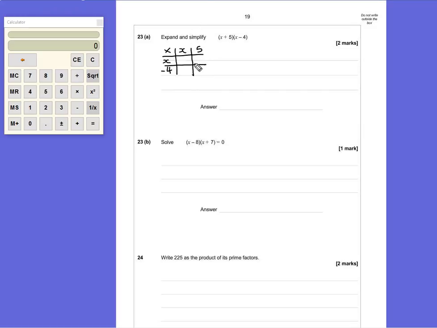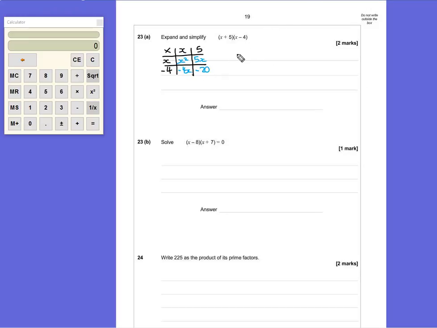Each box represents a multiplication, so we have x multiplied by x, which is x squared, 5 multiplied by x, which is 5x, negative 4 multiplied by x, which is negative 4x, and negative 4 multiplied by 5, which is negative 20.